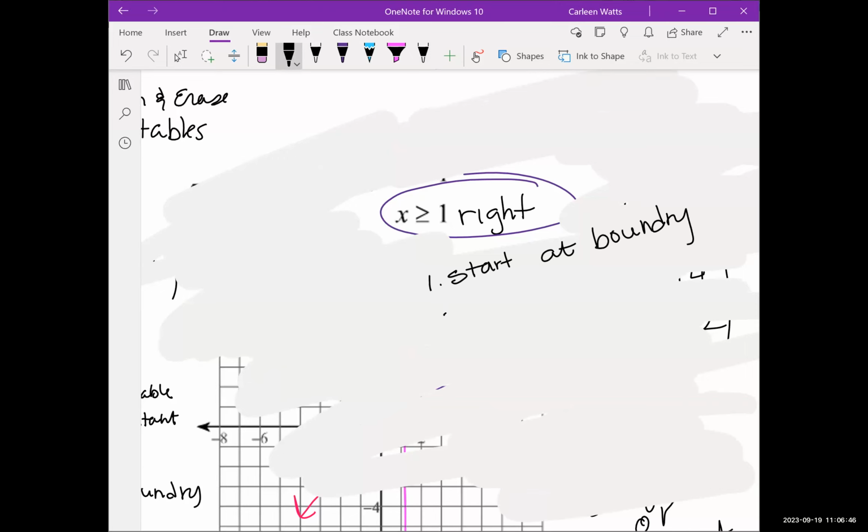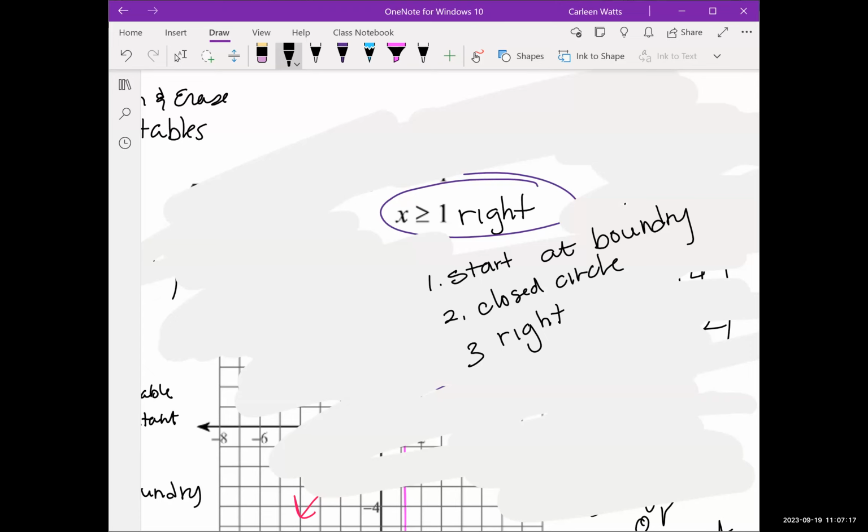It's telling us three things. It's saying start at the boundary, ding, ding, ding. Closed circle. And go to the right. Can you see that that's what it's telling us? Start at the boundary, closed circle to the right.